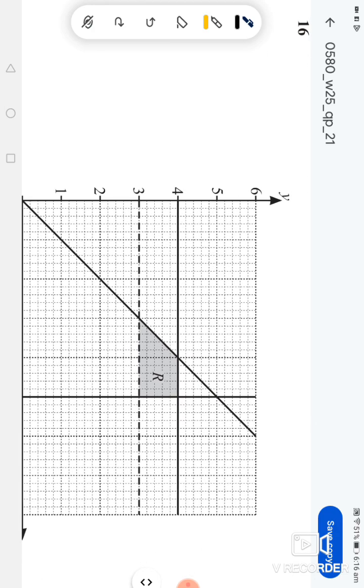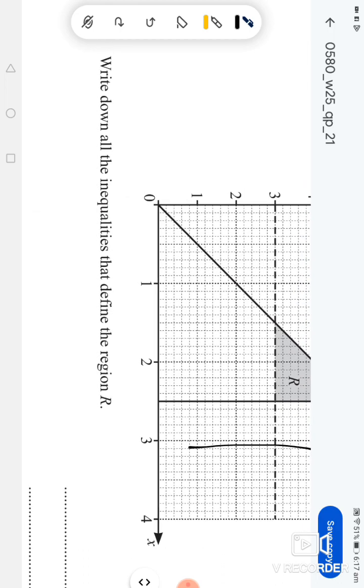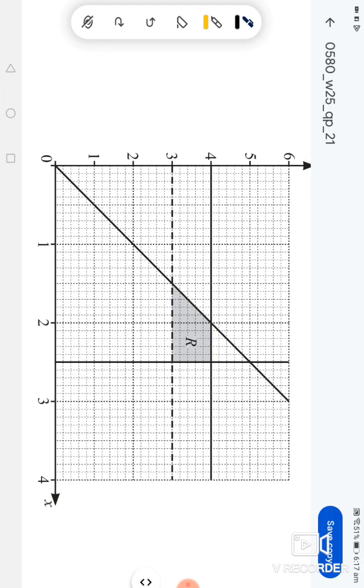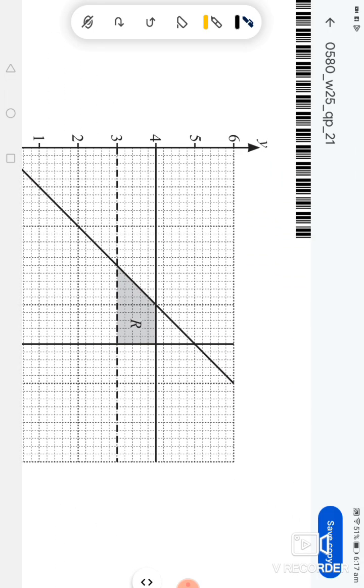Question 16. Write down all the inequalities that define the region R. So this is y equal 4. This is y equal 3.